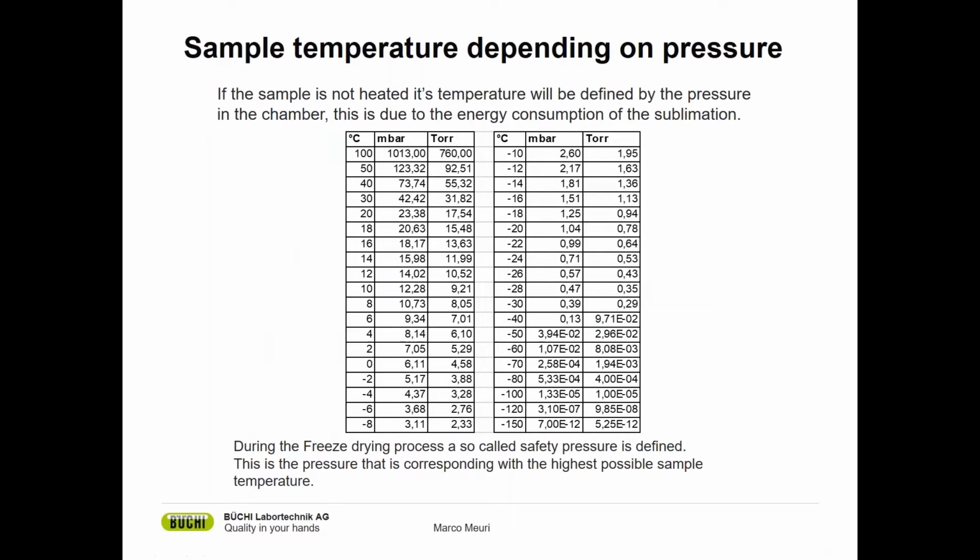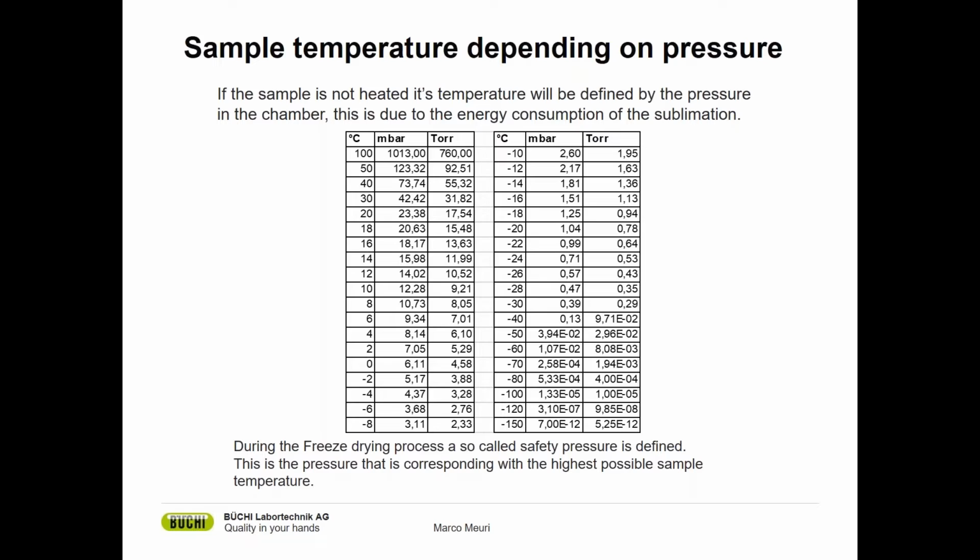The most important parameter when freeze drying is the pressure. The pressure in the chamber will define the temperature of the sample. Now this table you can see below is for water. So if the sample is not heated, what we will see if we go to a pressure of 6.11 millibar, which is the triple point of water again, is that the temperature of the sample will be at around 0 degrees.